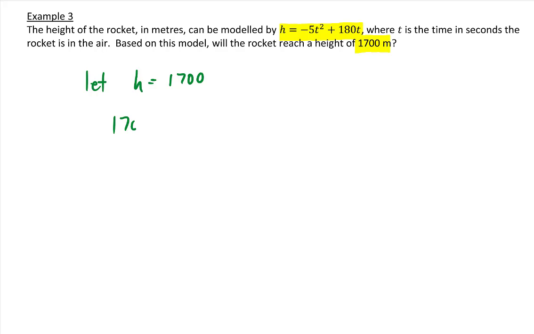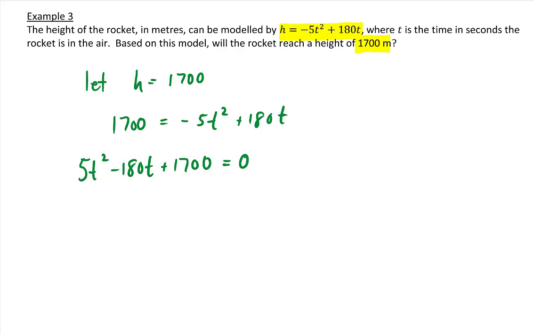So we end up getting 1700 equals negative 5t squared plus 180t. I'm going to rearrange so that one side equals 0. If I move everything to the left side, I get 5t squared minus 180t plus 1700 equals 0.